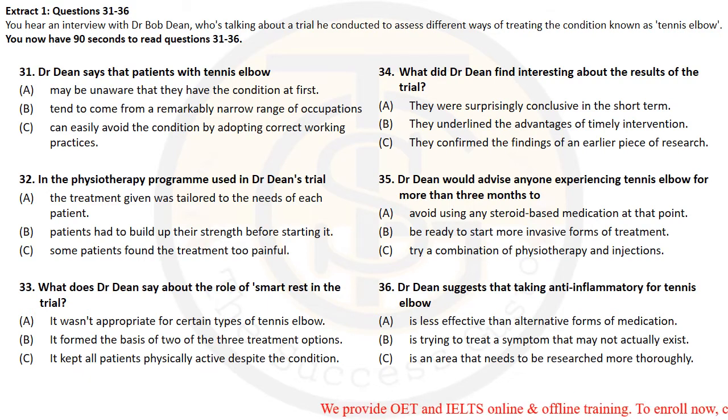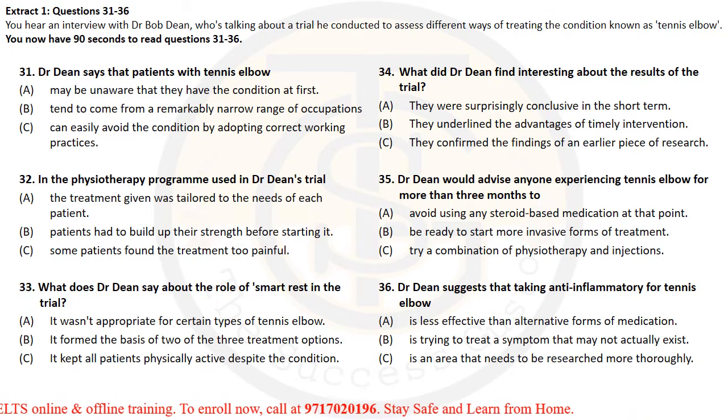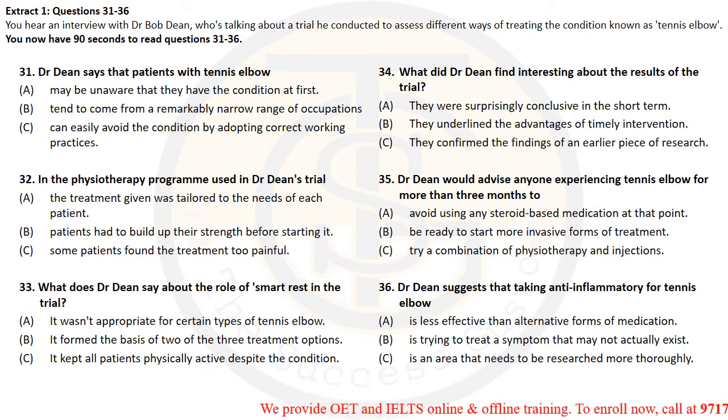So what were the results? What we found was that steroid injections were more effective in the first 6 weeks, but not after that. The physiotherapy group also reported good results at 6 weeks, comparable to those for the injection group, and much better than those reported by the wait-and-see group. But then, after 3 months, the situation had changed.